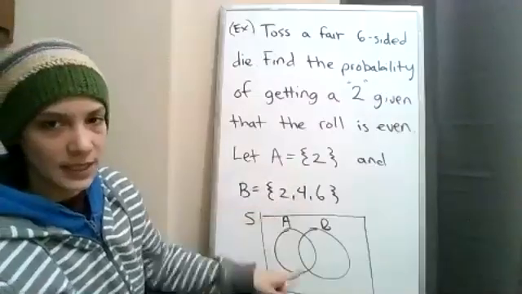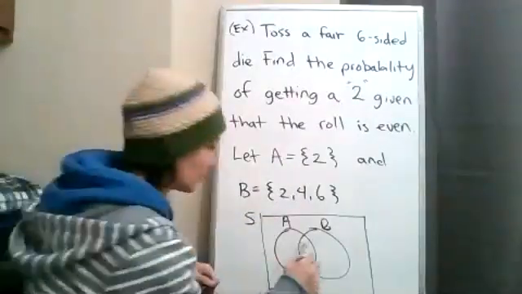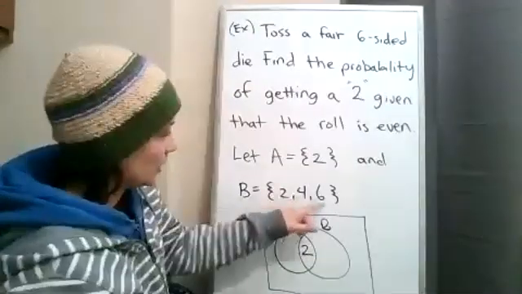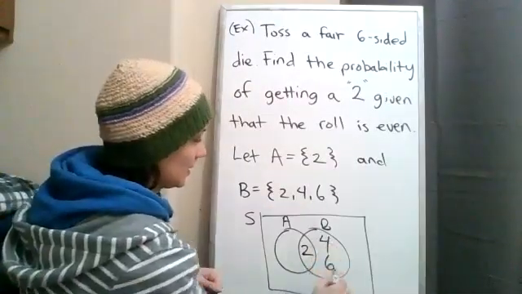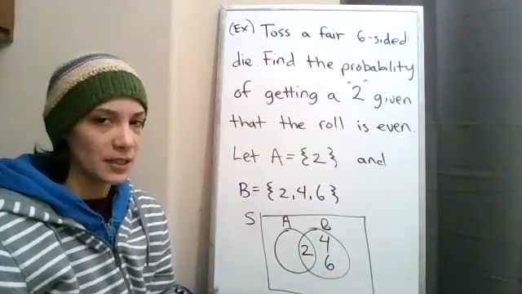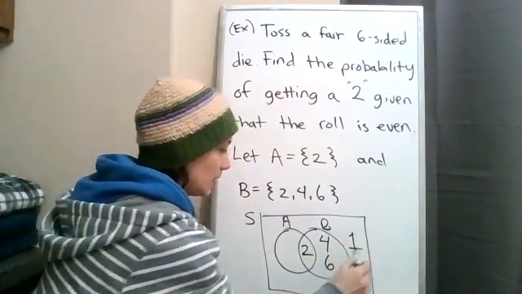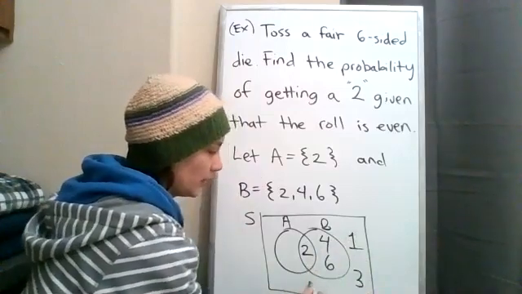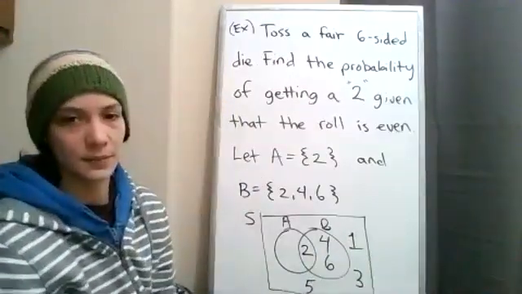So 2 is in the intersection, shared by both. 4, 6. And the other elements are all faces of the die. So the sample space is 1, 2, 3, 4, 5, 6.